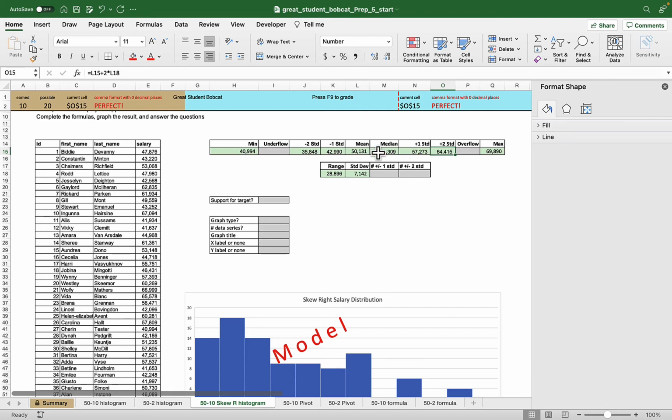Now let's see if it actually holds. Let's see how many salaries are in this range.